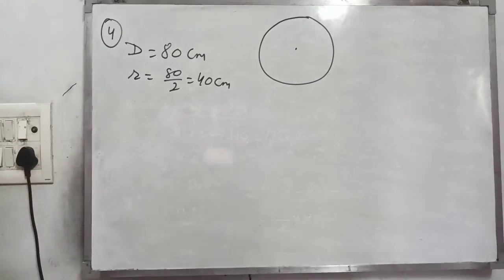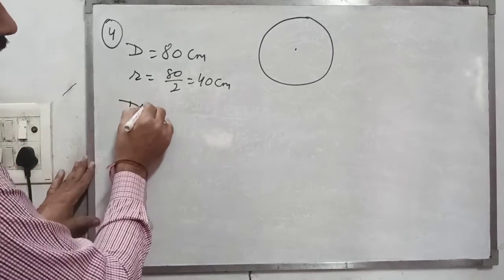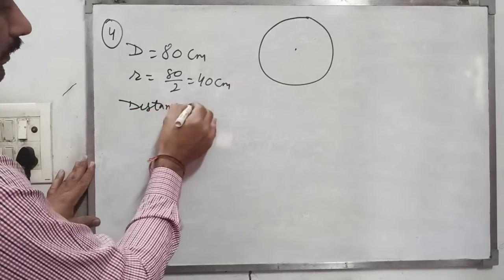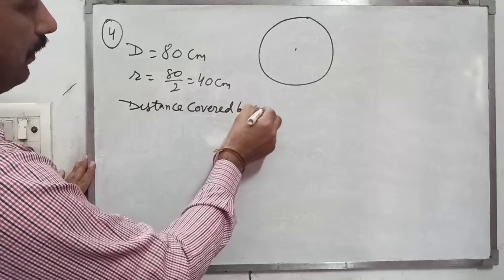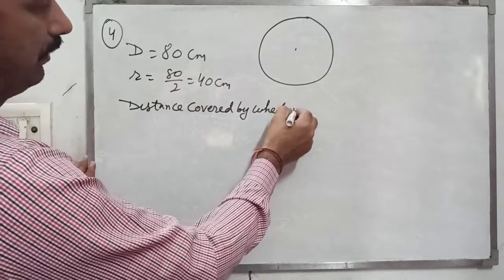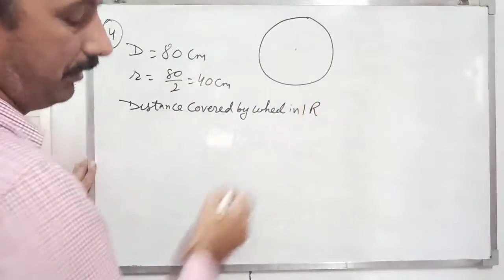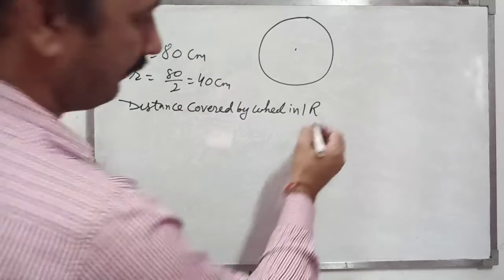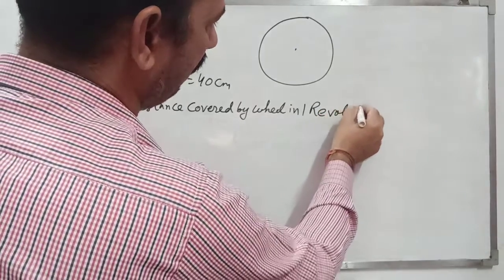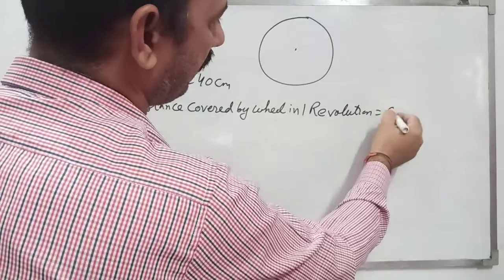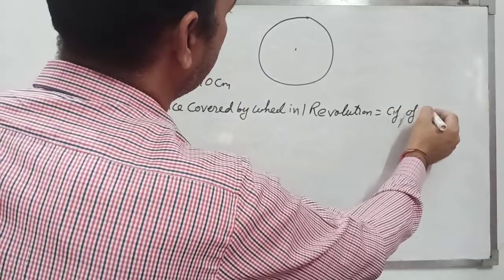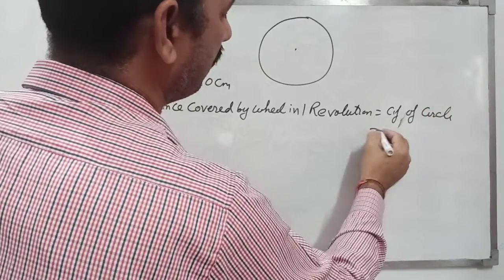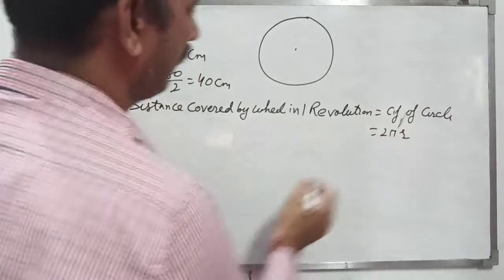So the distance covered by the wheel in one revolution is the circumference of the circle. It's 2 pi r.